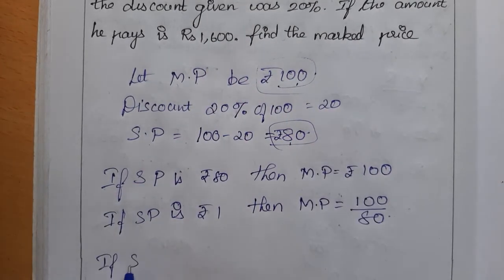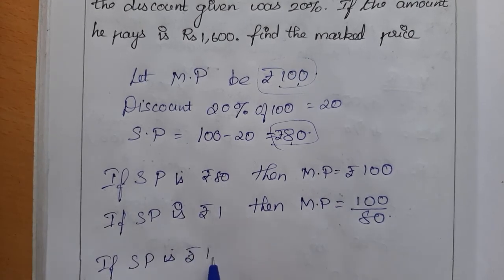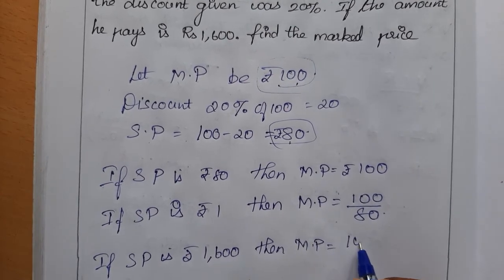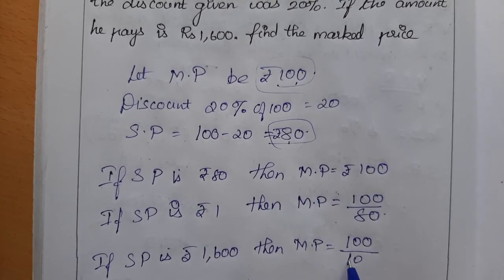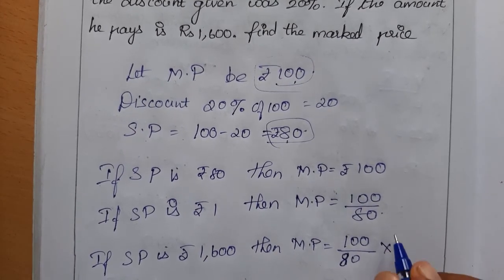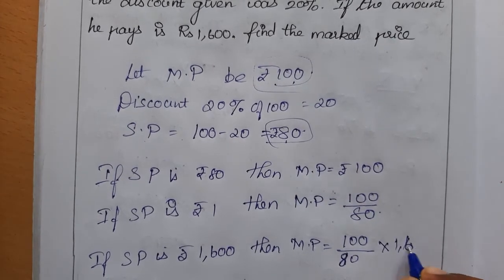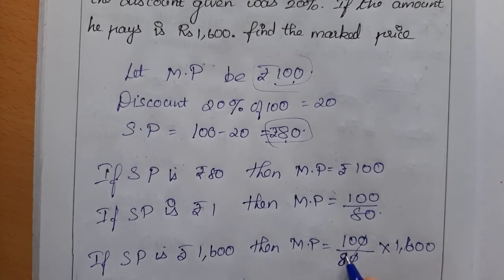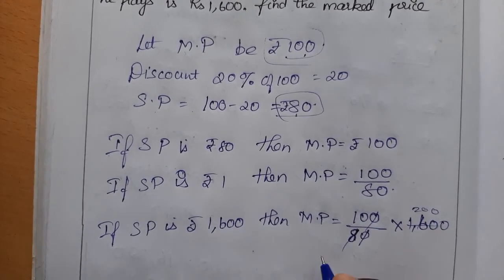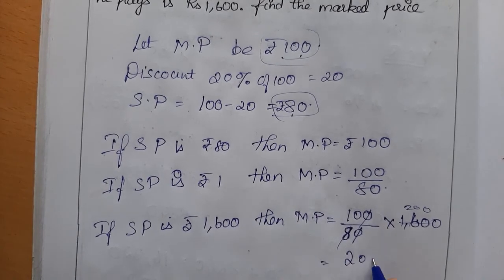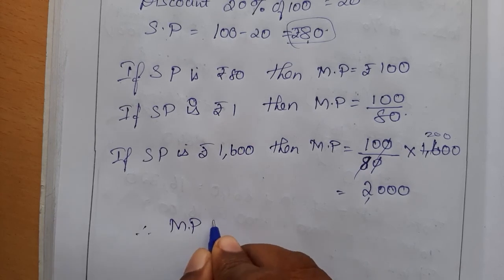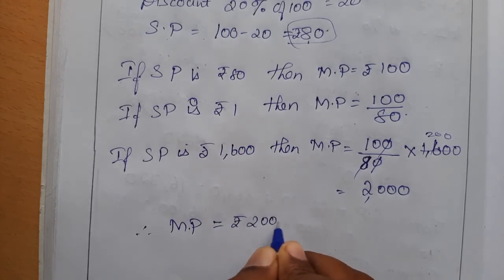So if the selling price is rupees 1,600, then we multiply 100 divided by 80 into 1,600. The zeros can be cancelled, 8 into 200, and we will be getting 2,000. So therefore the marked price is equal to rupees 2,000.